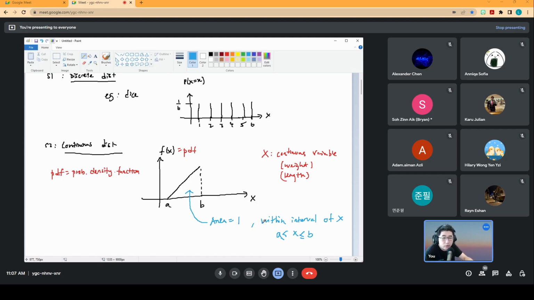What else do we have? The probability cannot be a negative number. The probability graph cannot be negative.